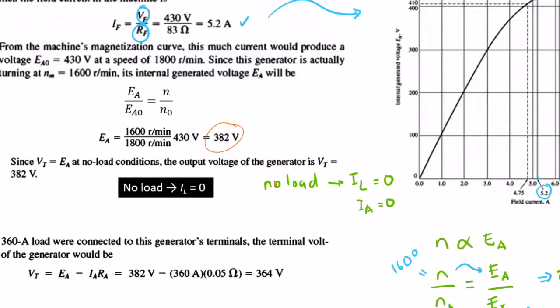From there, if you use the KVL from the equivalent circuit, EA is equal to VT plus IA RA.